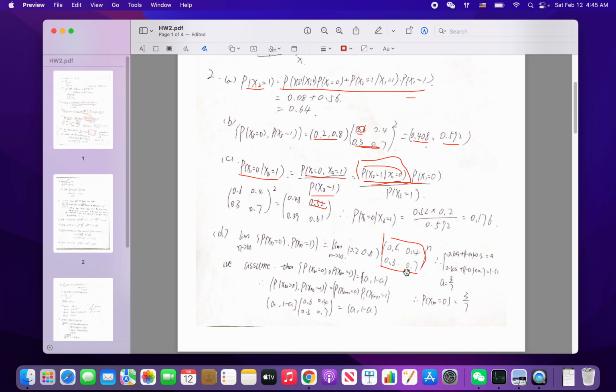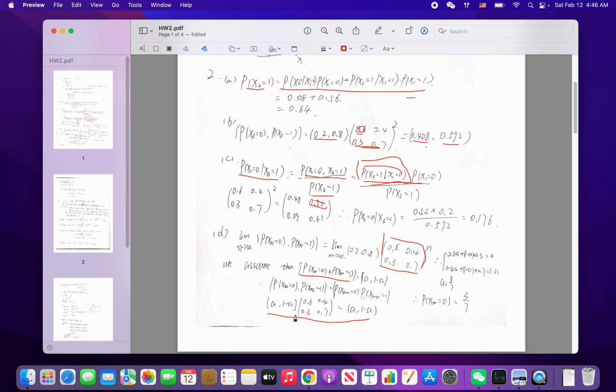So I assume that the probability when n approaches infinity, at infinity and infinity plus 1, the probability is the same, so it's limited. It is limited, so we can write it like this.